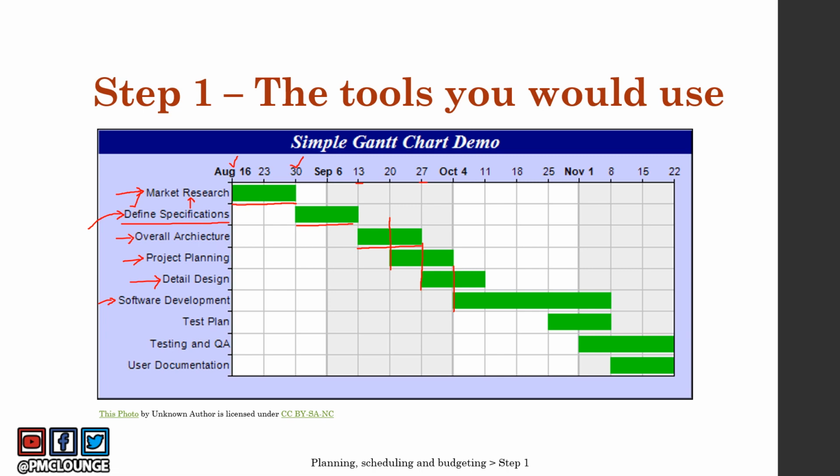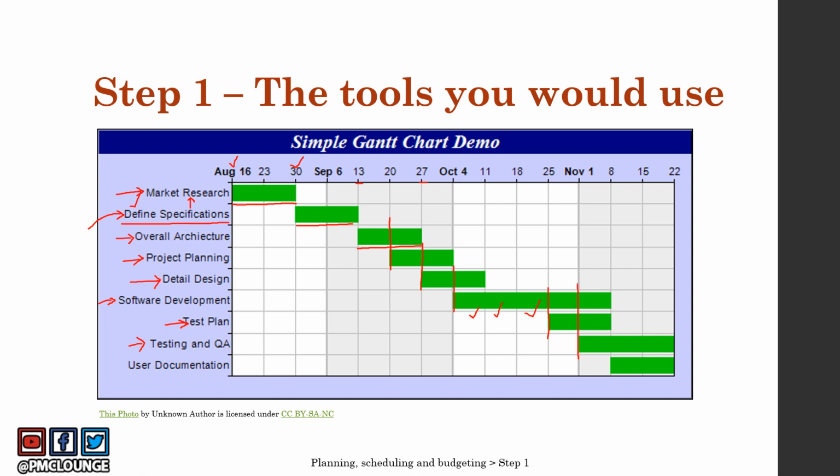Software development is the actual work that you're doing as part of this project. So you don't have any parallel tasks for the first 3 weeks of software development, but starting the fourth week, you are also beginning to plan your tests, and then after that, you start off with testing and QA.